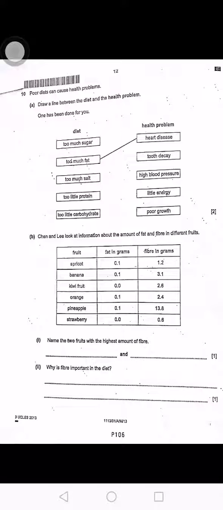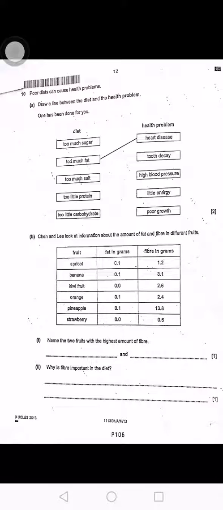Pineapple: 0.1, 13.8. Strawberry: 0, 0.6. Name the 2 fruits with the highest amount of fiber. Look at the table and answer. It doesn't need studying, okay? Who has the highest amount of fiber?